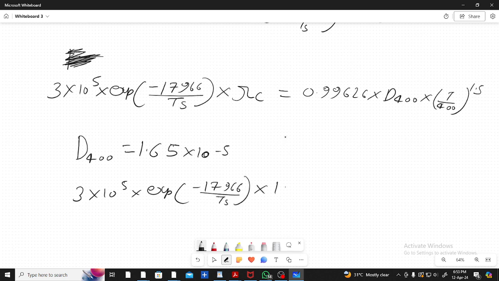What is Rc? Rc is 100 microns, so 10 to the power minus 4 is equal to 0.99626 into D400, 1.65 into 10 to the power minus 5 into T upon 400 to the power 1.5.